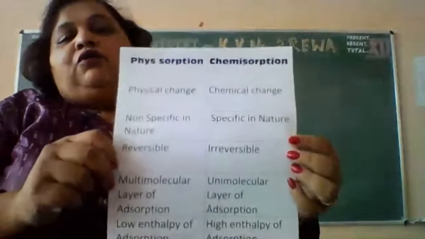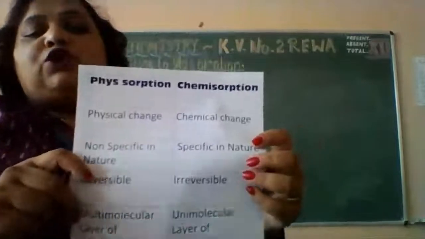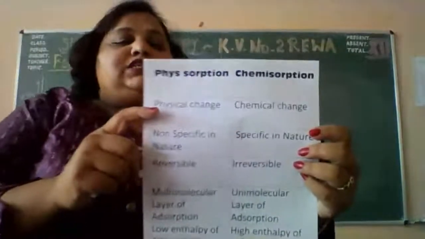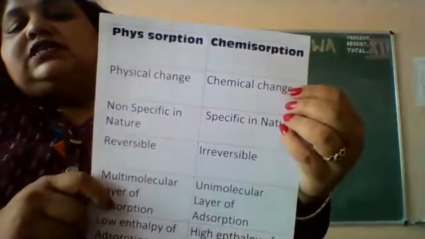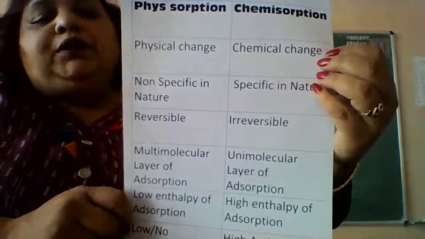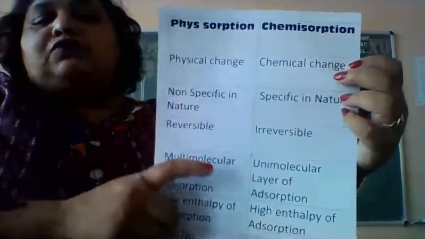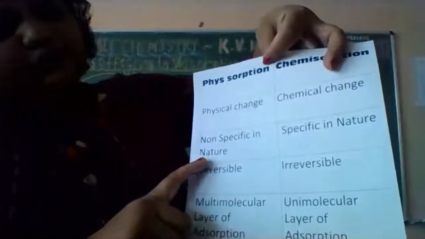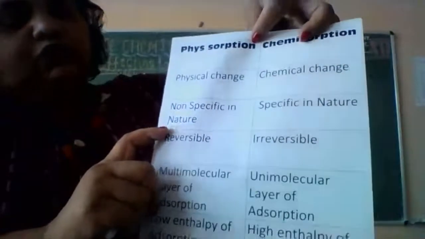So here, physisorption, chemisorption, right? Physisorption is a physical change, a physical phenomenon. Chemisorption is a chemical change since it is associated with the formation of chemical bonding, right? Ionic or covalent bond. Here it is the van der Waals force, non-specific in nature, since any substance can form the van der Waals force.